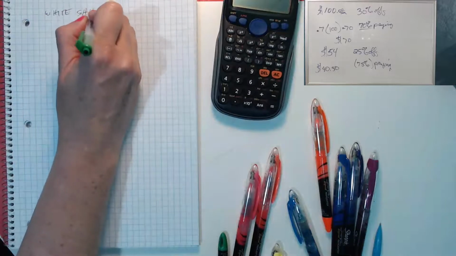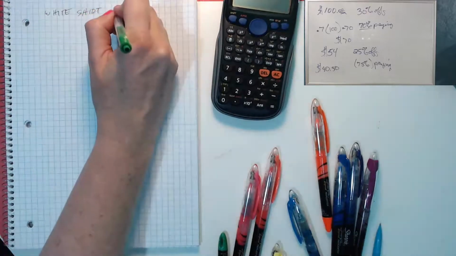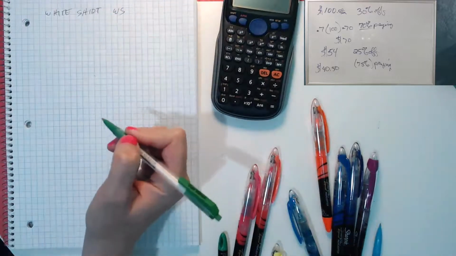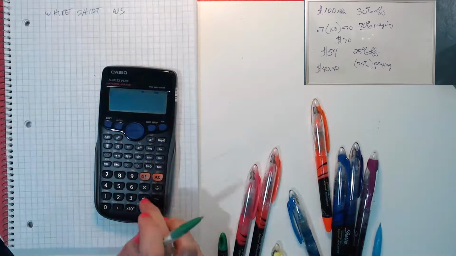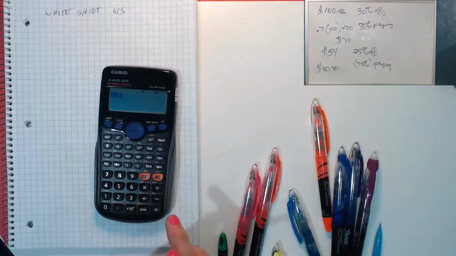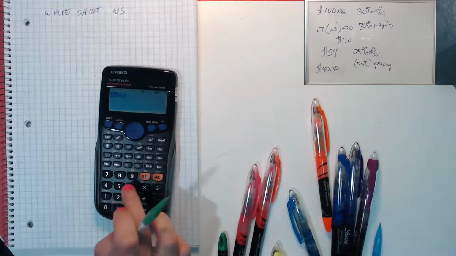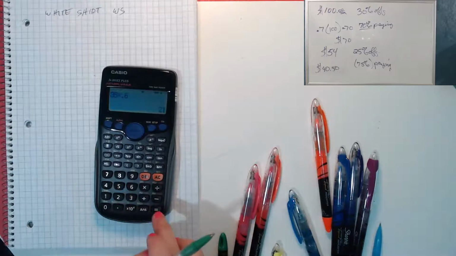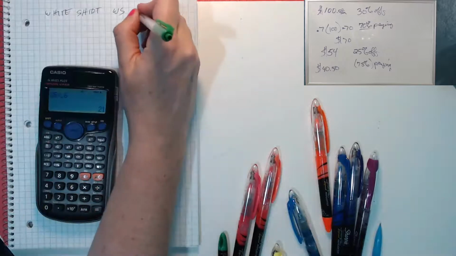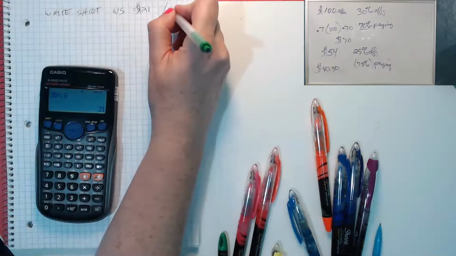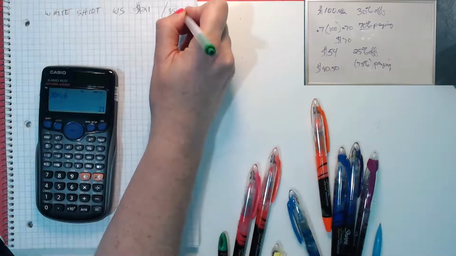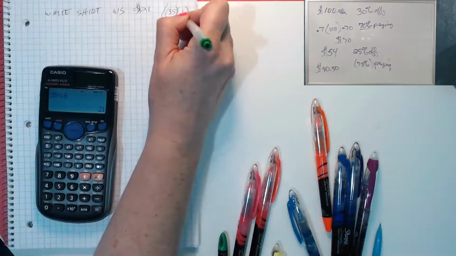Okay, so I'm going to say white shirt. You don't have to write out white shirt. If you're in a hurry on the test, you can just call it WS. And how much is the white shirt going to be? It's $35. It's on sale for 40% off, so we're paying 0.6. What we did was 35 times 0.6.